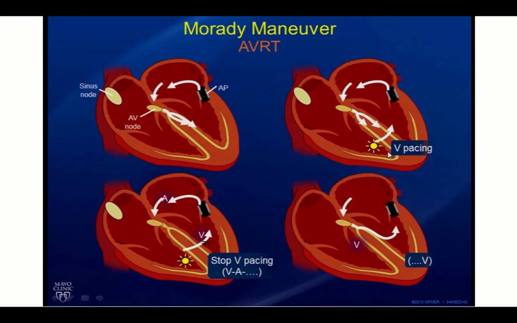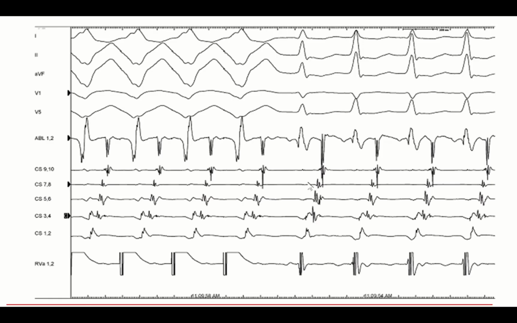And this is the Moradi maneuver, which described the response in AVRT as a VAV response. We got it because this is the last paced V, the last accelerated A, and this one goes antegrade through the AV node because of AV nodal dependence.